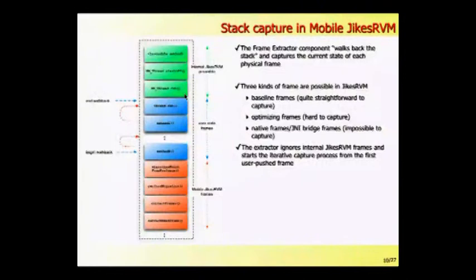And then we have native frames, or JNI frames, which are by definition not capturable because they are C code, which is not portable. The extractor ignores internal Jikes frames and starts the iterative capture process from the first user pushed frame.